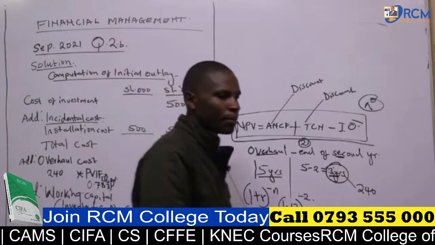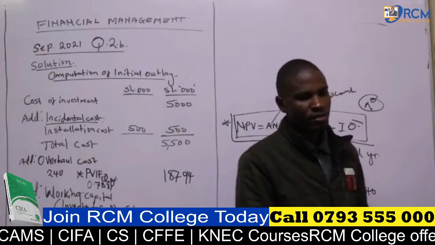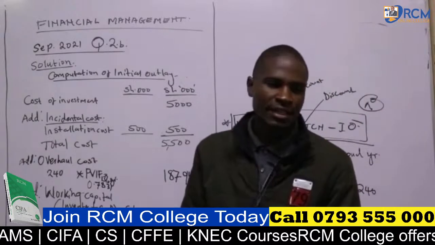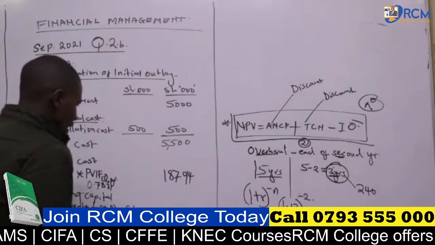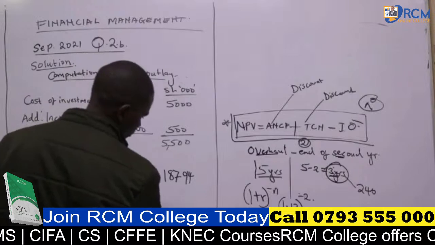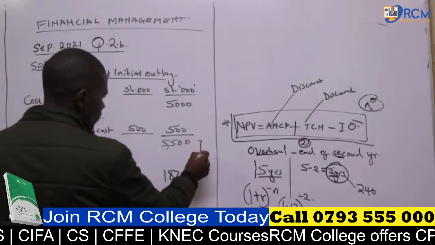Working capital itakuwa ngapi? Hiyo ni 12 plus 15, that is 27 minus 17. Is it 1,000? I'm getting 1,000 from my mind. 1,000.